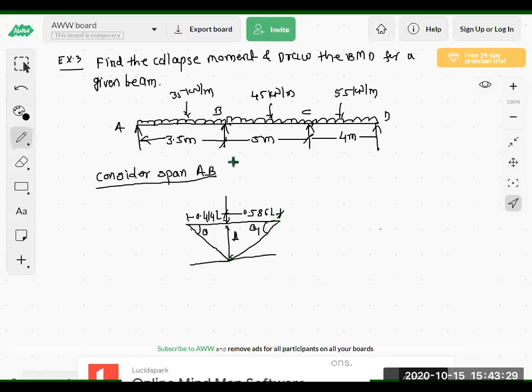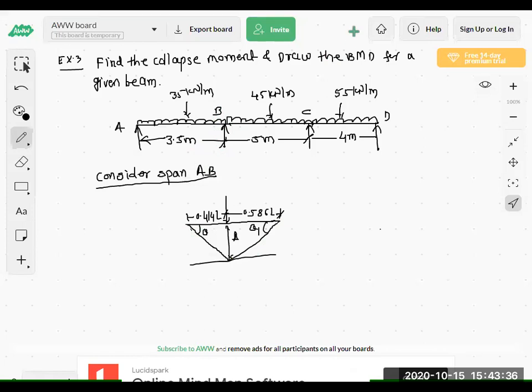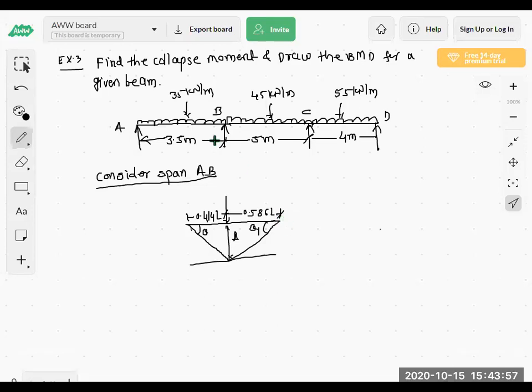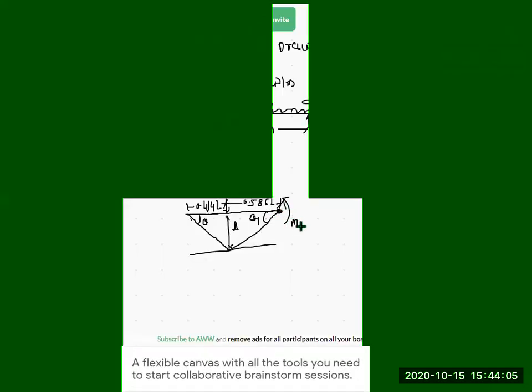Now the second support, B support. Which type of support is there? Support B is the continuous support. For continuous supports, there will be formation of a hinge and the moment will also be present.